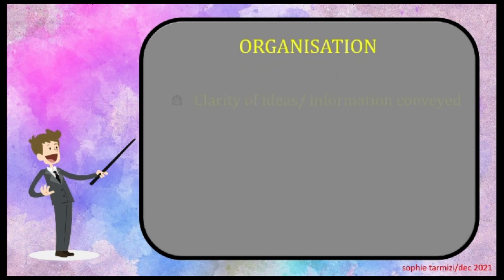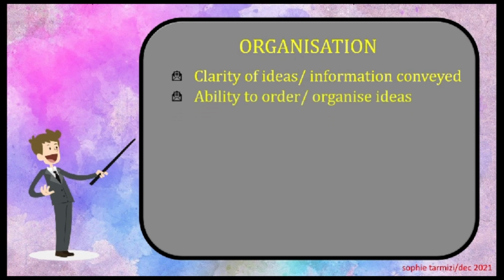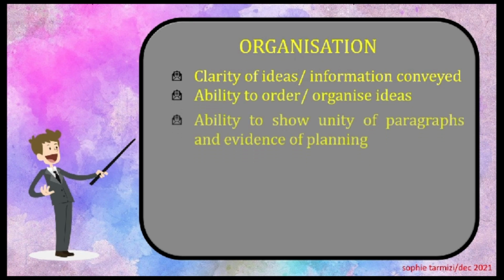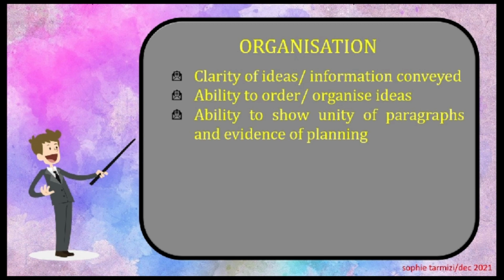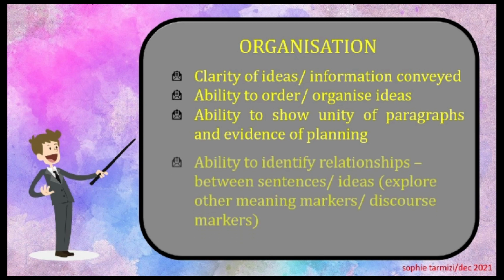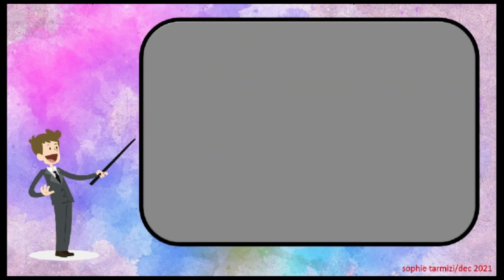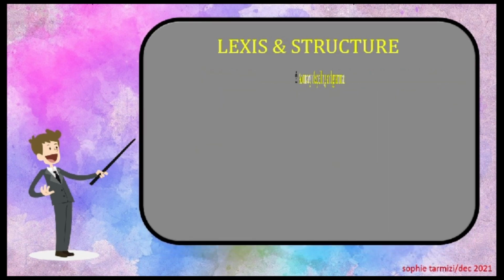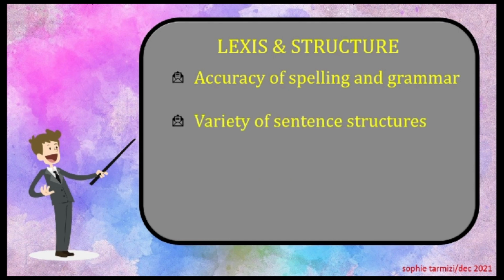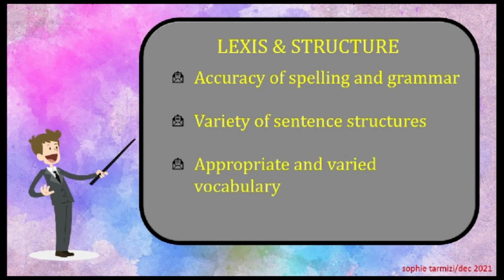For organization, the clarity of ideas or information conveyed, the ability to order or organize ideas, the ability to show unity of paragraphs and evidence of planning, ability to identify relationships between sentences or ideas, explore other meaning markers or discourse markers. Lexis and structure for language, accuracy of spelling and grammar, variety of sentence structures, appropriate and varied vocabulary.